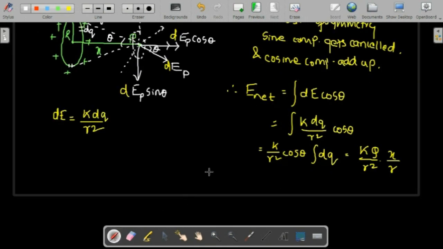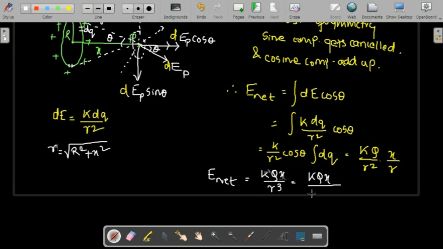So if I want to find out my net field, it would be nothing but kqx by r cubed, but we know what r is by trigonometry, it's r square plus x square, so it would be nothing but kqx divided by (r square plus x square) to the power 3 by 2, because there is a cube there.